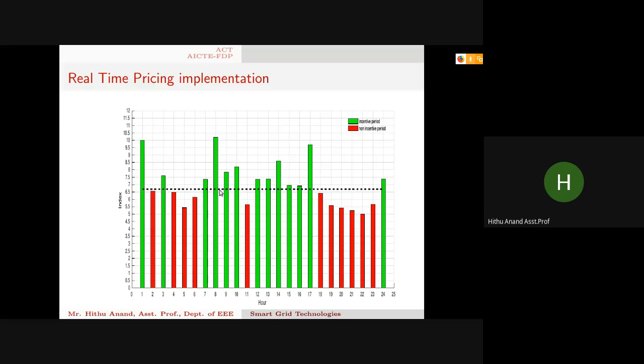That is actually an average power to cost index that I have taken as a reference. So for a particular hour, if the power to cost index is crossing this reference, that time period we will give incentive to the consumers. Similarly, if it is not crossing, then the incentive is not given.